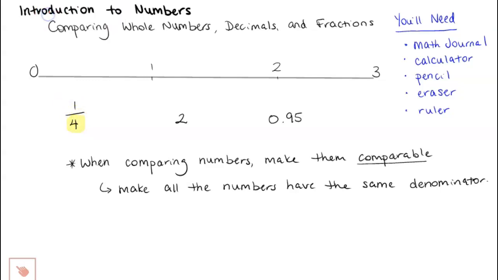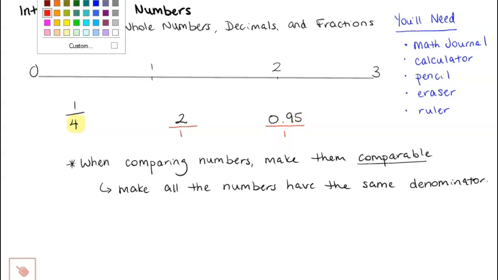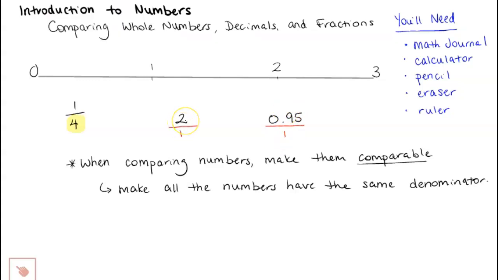The other numbers aren't fractions. However, if it's not a fraction, we can make it a fraction with the denominator of 1. So now these two numbers here, 2 and 0.95, are comparable. They've got the same denominator. We can put these on the number line. So 2 goes right here. It's already on there.